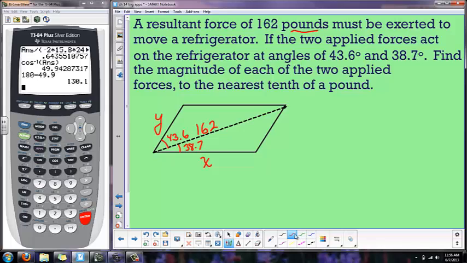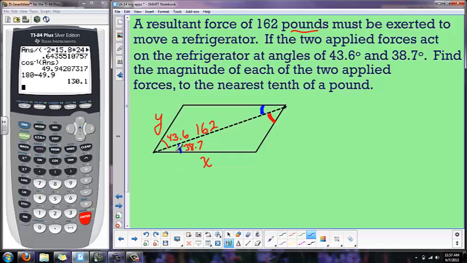So the 38.7 degrees right here is actually equal to this angle as well. So that one up there is also 38.7 degrees. And then the same thing goes if you tilt your head and look at it like this. This line is parallel to that line. So alternate interior angles say that this angle of 43.6 is also equal to this angle of 43.6 as well. So that's another cool thing that we know about a parallelogram.